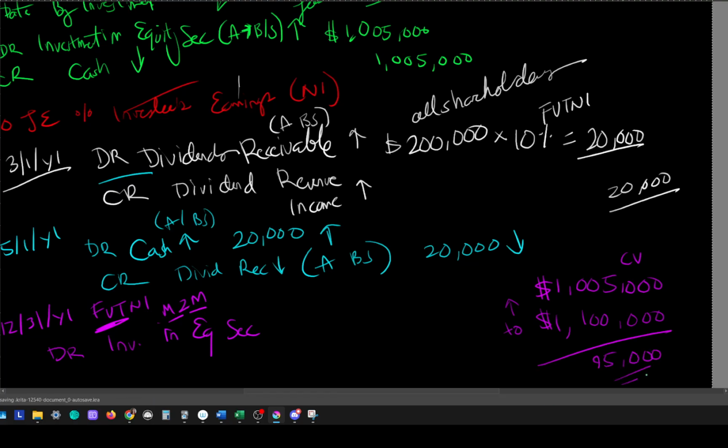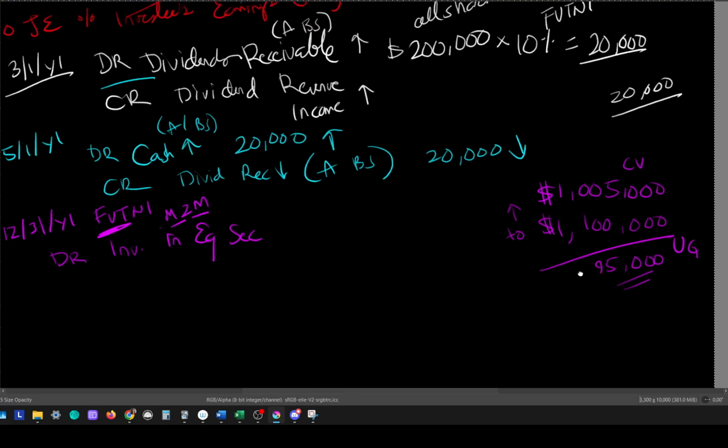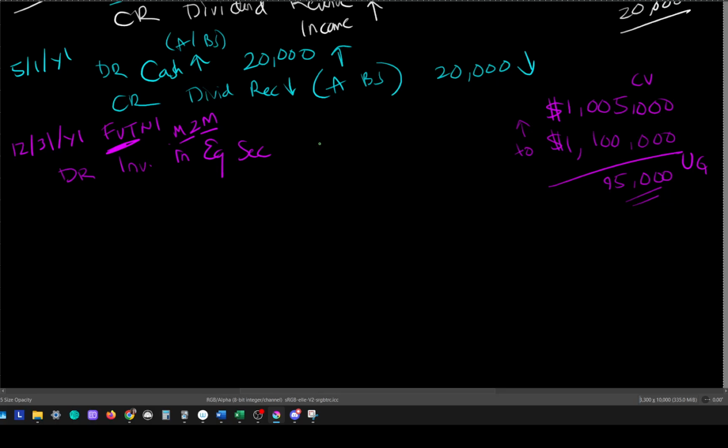$95,000 as an unrealized gain. It's unrealized because we have not sold it yet. So this is an increase in our investment account of $95,000 and then a credit for that unrealized gain. Where does that go?